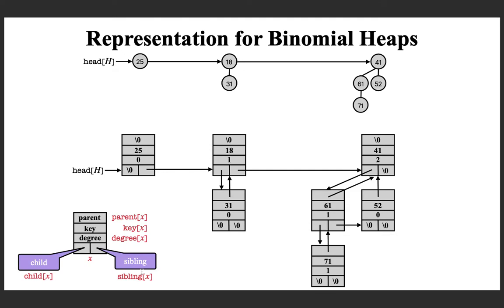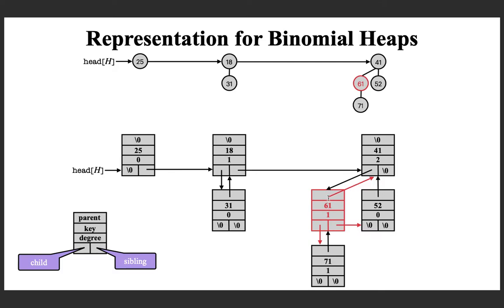Now, to get more clarity on this representation, let us look at a concrete representation of a node. We are looking at node 61 now. What is the parent field containing? Parent field is a pointer to its parent node, which is 41. So 41 is this node, the value is 41.